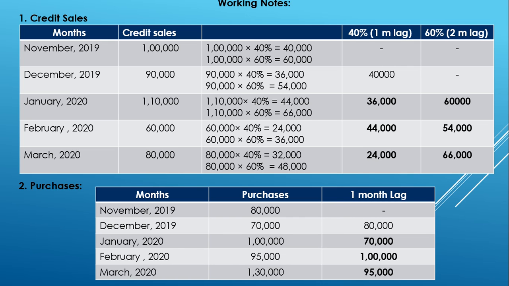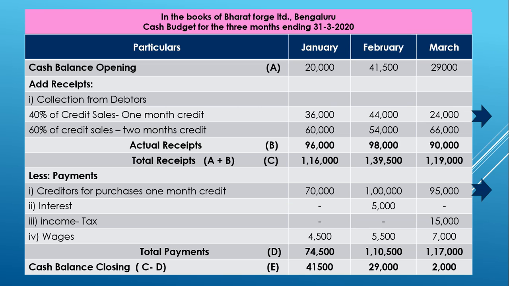So you can see November's payment of 80,000 is paid in December, 70,000 is paid in January, 1 lakh is paid in February, and February's payment of 95,000 is paid in March. But for our purpose, we just have to take 3 months, January, February and March. So for January 70,000, February 1 lakh, and for March 95,000.